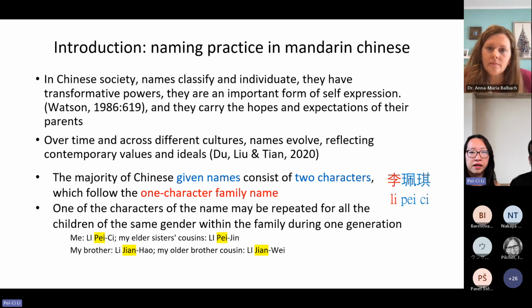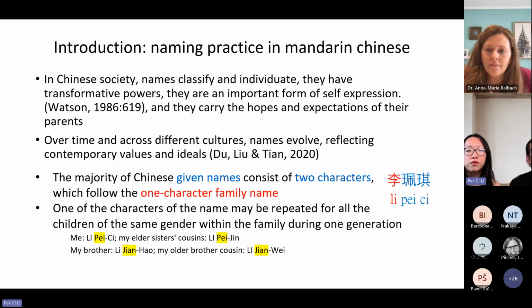In Chinese naming conventions, most given names comprise 2 characters following the 1-character family name. For example, my family name is Li, consisting of a single character, which is marked in blue, followed by a 2-character given name, Peiqi, which is also marked in blue.